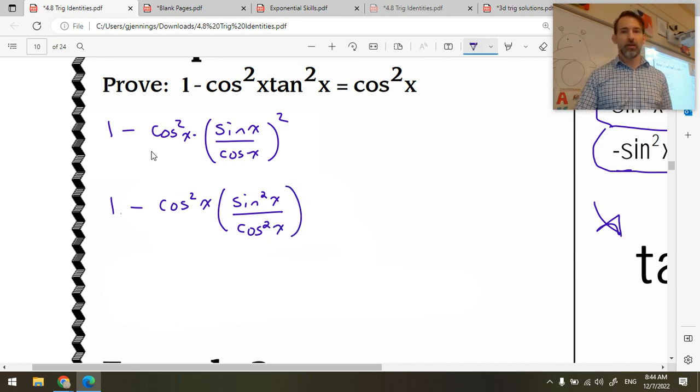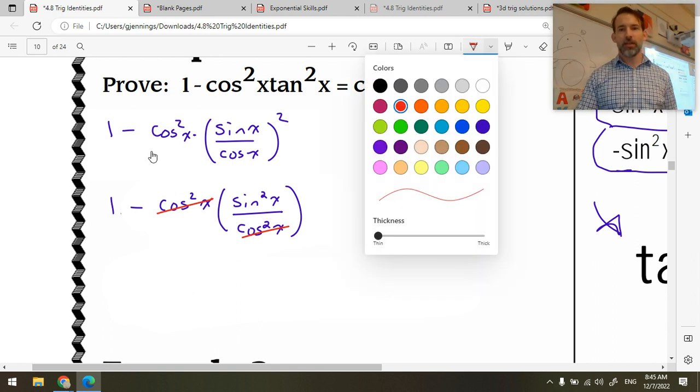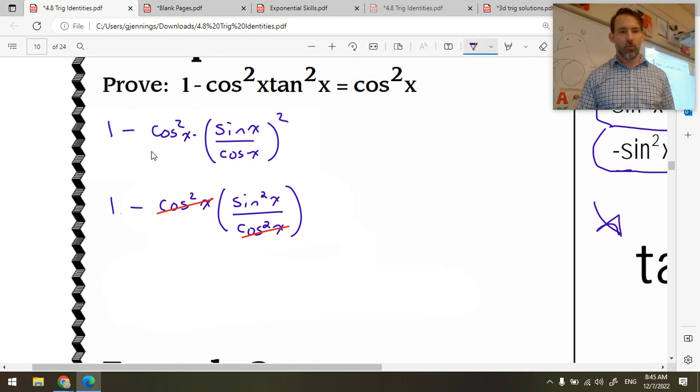Okay, and then we get out our cancellation pen, which we're always excited to get, and we notice that this multiplication has a cosine squared x multiplying a cosine squared x that's dividing, so those two cancel out. So we have on this side of the equation 1 minus sine squared x.